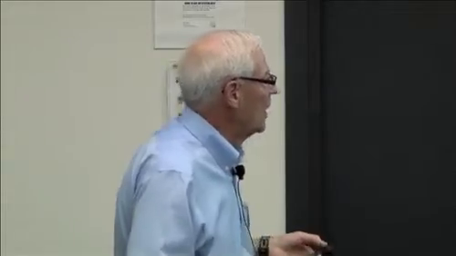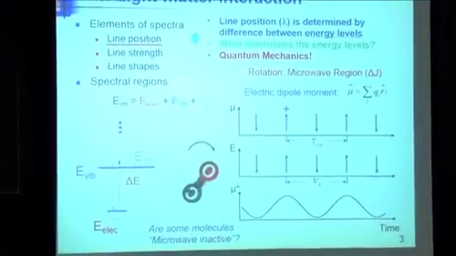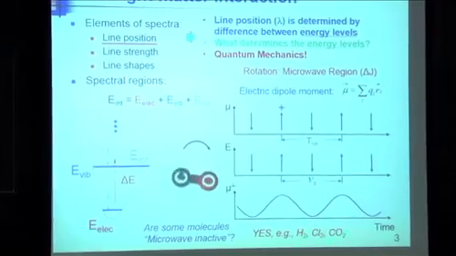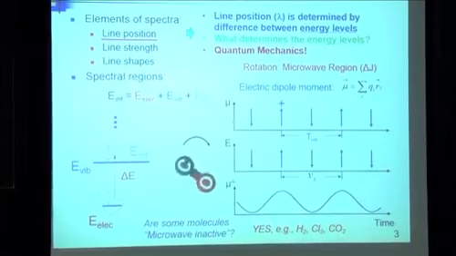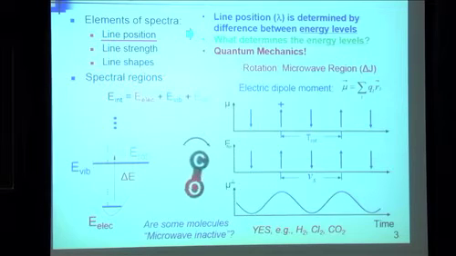So are all molecules microwave active? No. If it is homonuclear, you wouldn't see this. You wouldn't be able to see any oscillating dipole. An example would be hydrogen, chlorine, or CO2. CO2 is a symmetric linear molecule. It's a stick. When it rotates around, you can't see this in the oscillating electric field.